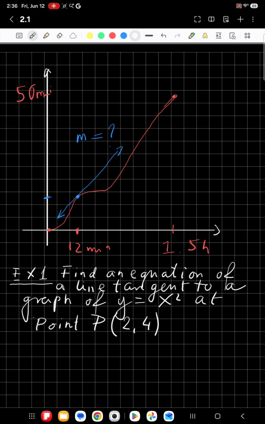You see that this point is on the graph, because if you take 2 and plug it into the function, you get 4.